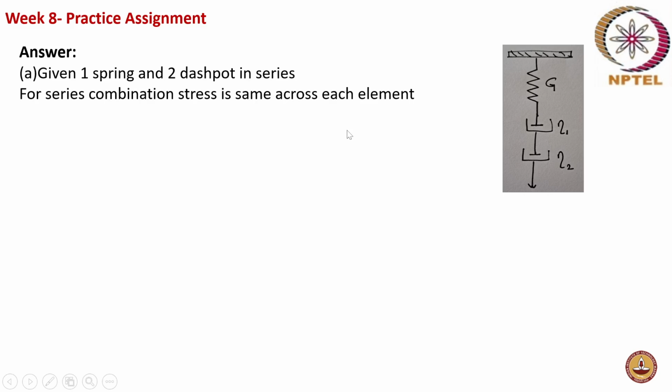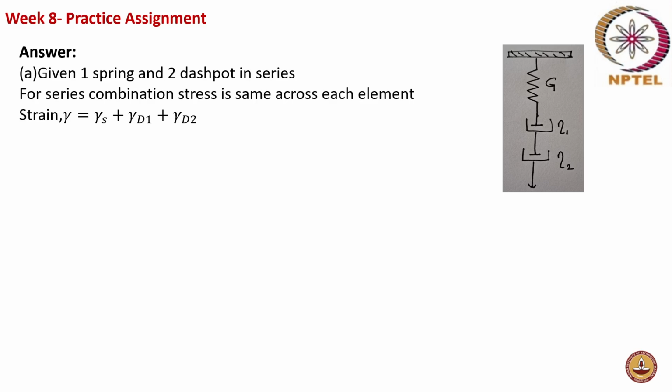For a series combination, as we saw in question number 1, the stress across each element is the same. So sigma of spring is equal to sigma of dashpot 1 is equal to sigma of dashpot 2, which is equal to the total stress. Whereas the strains across each element are different.